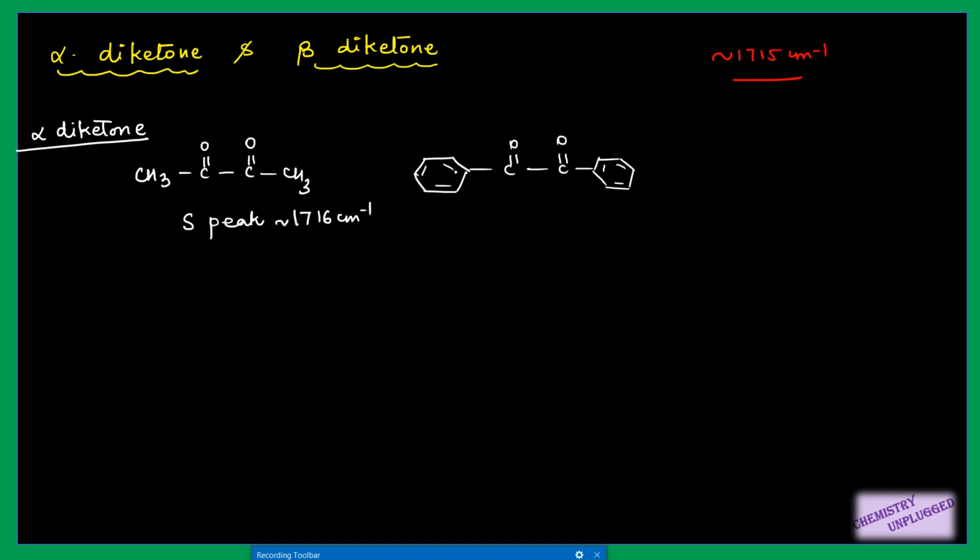But in this case we have two aryl groups substituted here, and we have seen previously that when we have alpha beta unsaturation or aryl group substitution, the CO vibrational peak will decrease by 25 to 45 centimeter inverse. So the base value should be 1715, but it will decrease by nearly 35 centimeter inverse, and you will get a peak near 1680 centimeter inverse.